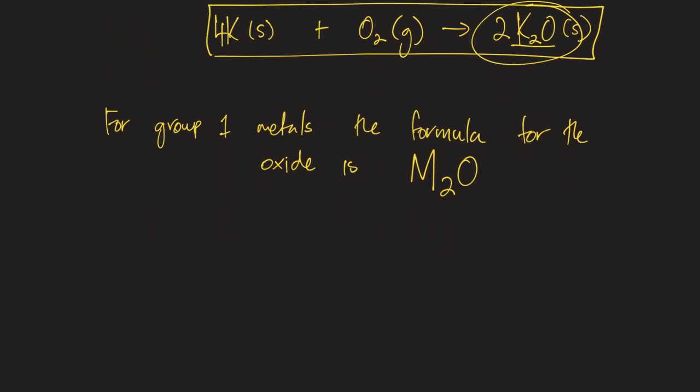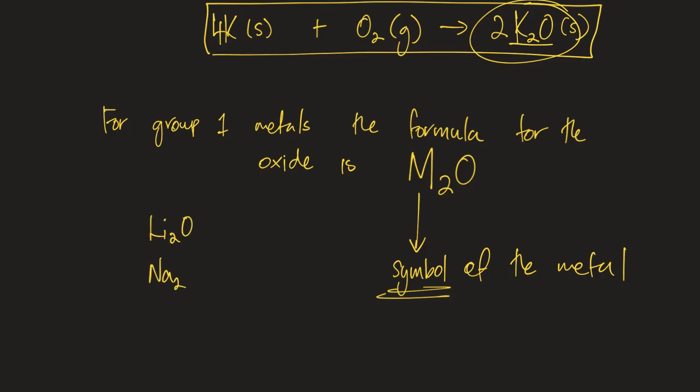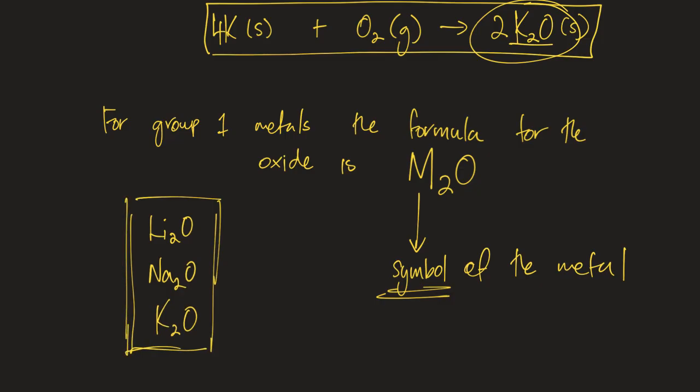Now this M over here is for the symbol of the metal. So my oxides for group 1 are Li2O, Na2O, and K2O. And that's my whole of my balanced equations for group 1.